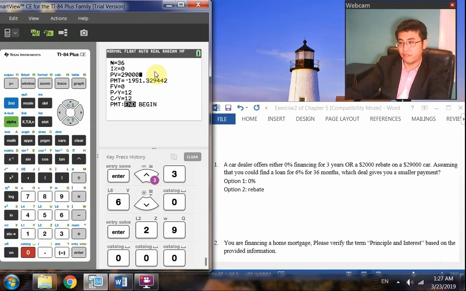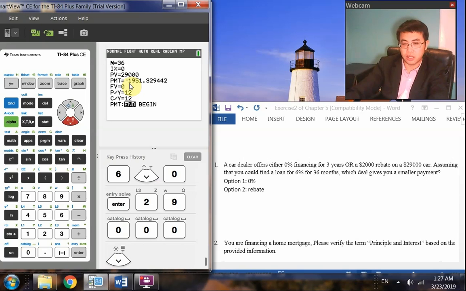So within that financial relationship, you are getting $29,000 positive into your pocket so you can buy the car. For that money you borrowed, you will pay a monthly payment each month in the next 36 months. So you try to get the payment, and we're going to solve for it.